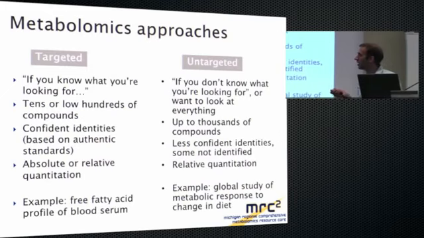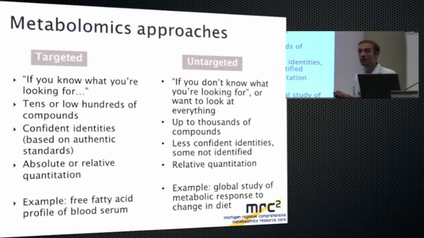Typically, targeted metabolomics are useful for tens, maybe low hundreds, in terms of number of compounds at once. There's nothing that stops you from doing multiple targeted analyses on a single sample. You may say, I want acylcarnitines, amino acids, and TCA cycle metabolites on a given sample. And the best way to go may still be to do three separate targeted assays rather than to move to an unbiased approach.